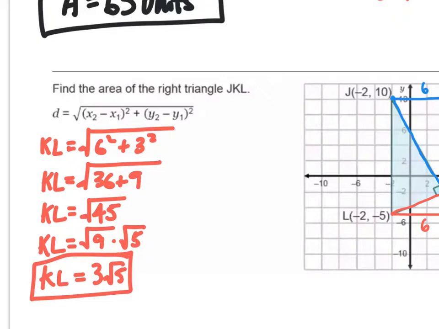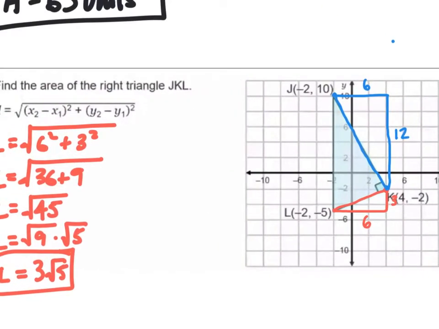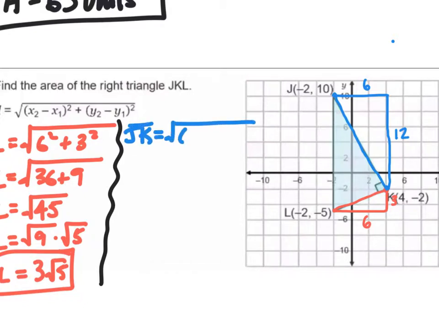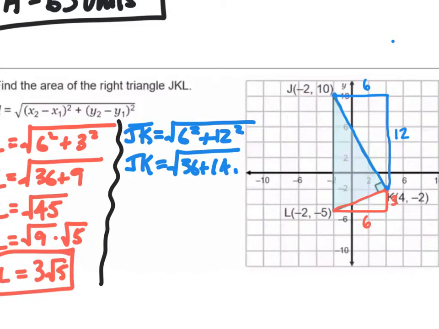Now the other one we need to do is JK. So very similar. Let me separate this out. We've got to find the length of JK, and that's going to be the square root of 6 squared plus 12 squared. So JK is going to equal the square root of 36 plus 144, and that's going to give me 180.